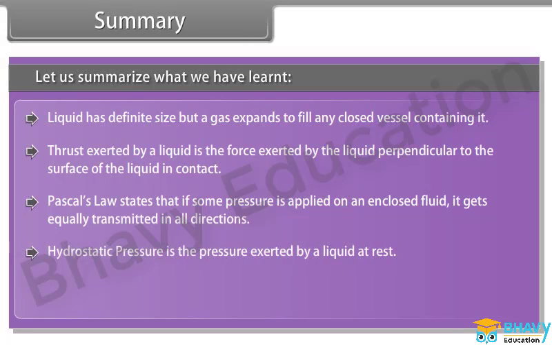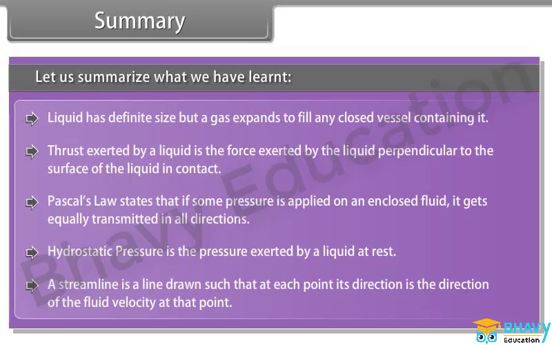Hydrostatic pressure is the pressure exerted by a liquid at rest. A streamline is a line drawn such that at each point its direction is the direction of the fluid velocity at that point.